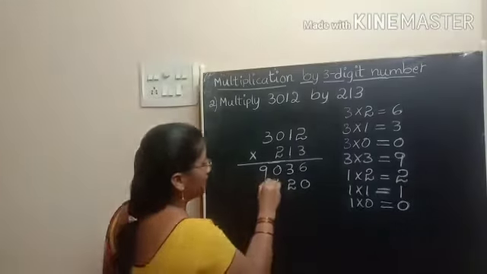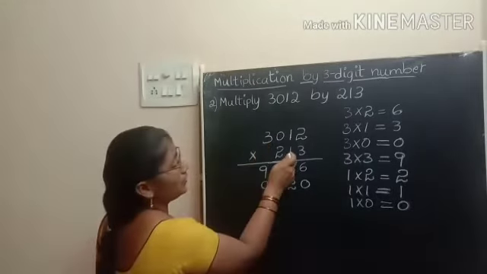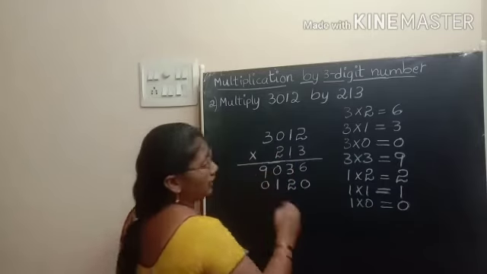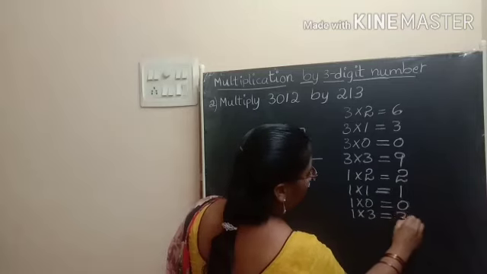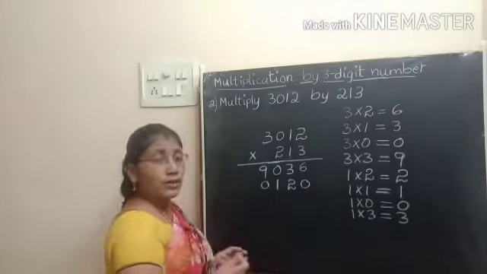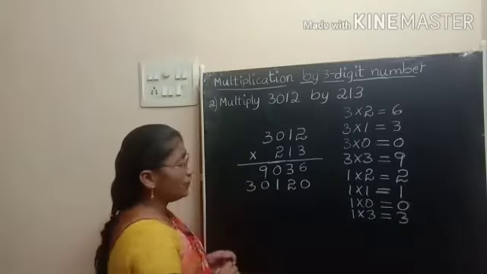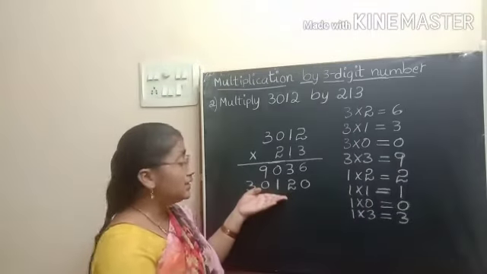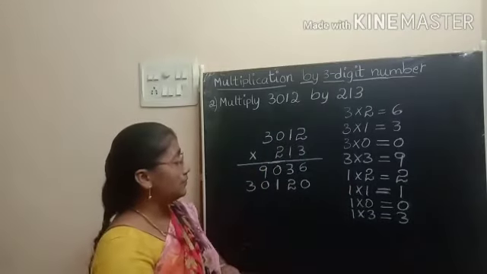So write 0 here. Next we have to multiply the digit in thousands place with 1. So take 1 into 3, which is equal to 3. By multiplying with 1 we get the same number. So the result is 3. Now we get this result. This is the result of multiplying 3012 with 1.